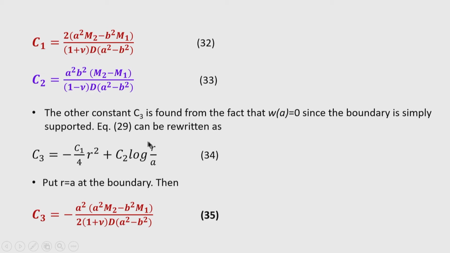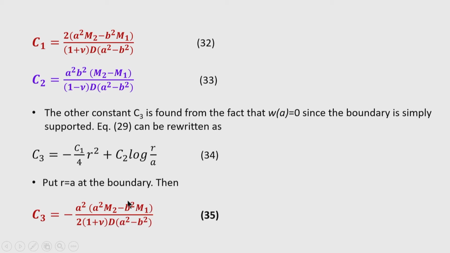So, C 1 and C 2 are already calculated, and substituting them you can now get C 3. C 3 is calculated as C 3 equal to minus a square by 2 into (a square m 2, where m 2 is the bending moment at the outer edge, minus b square m 1) divided by (1 plus mu) into d into (a square minus b square).